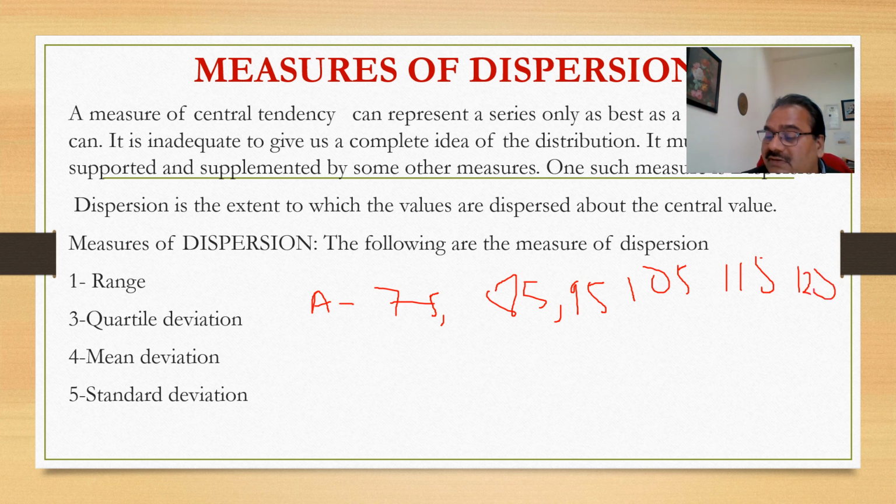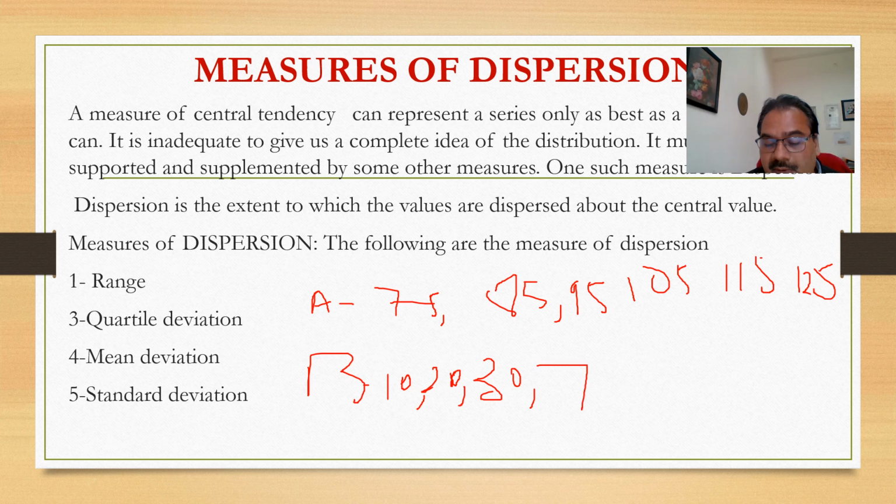Another distribution, we may say this is distribution B, and I will take the values 10, 20, 30, 10, 20, 30, 70, 180, 70, 180, and the last value I may take some scattered value like 90.